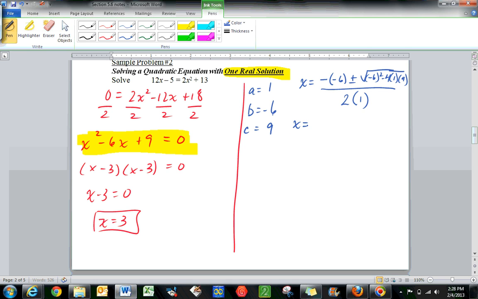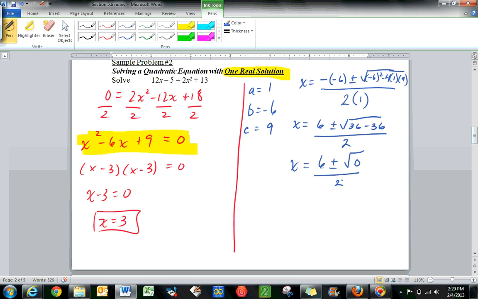Now notice how important it is that I use parentheses for my negative numbers, especially when I was squaring it. So here we're going to be left with 6 plus or minus the square root of 36 minus 36, and I'm drawing that out for a specific reason so that you can see this. 6 plus or minus the square root of 0 over 2.